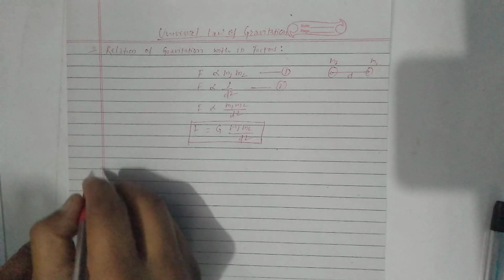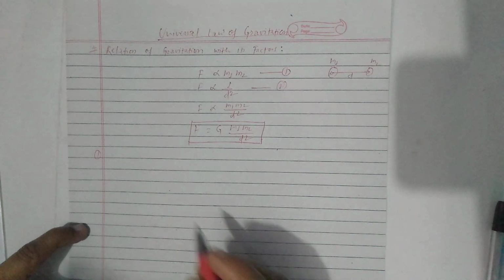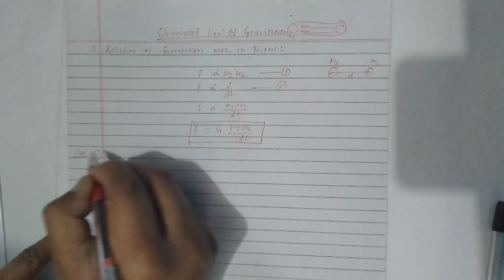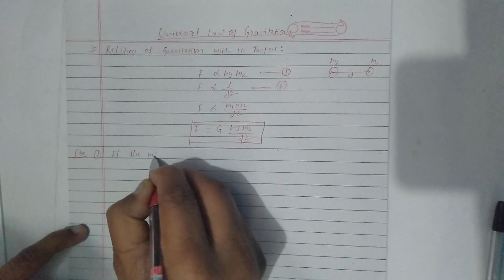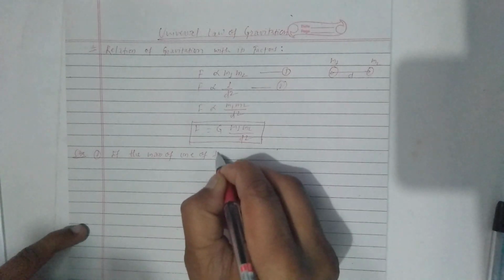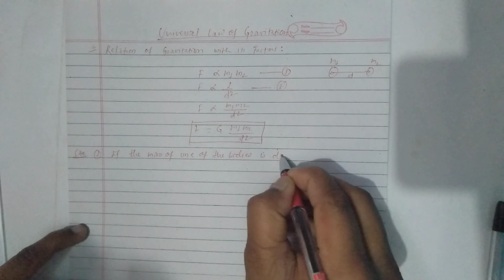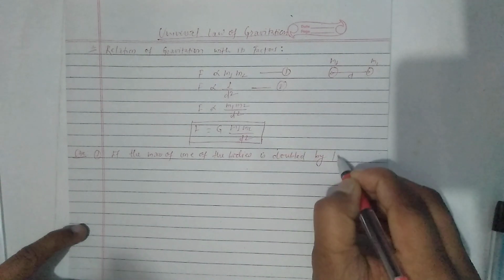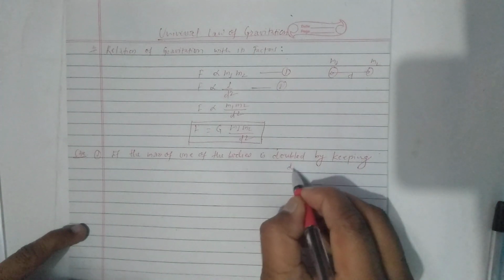So in the very first case, the mass of one body is doubled by keeping the distance constant. Case number 1: if the mass of one of the bodies is doubled by keeping distance constant.